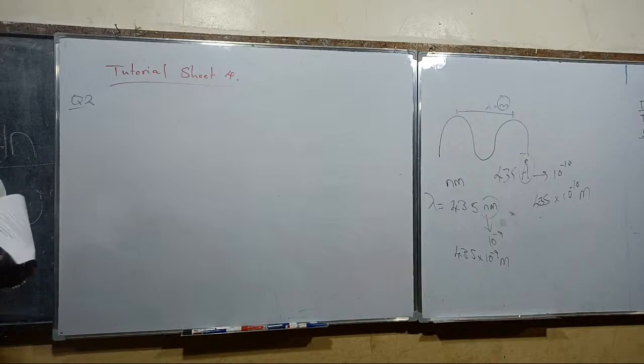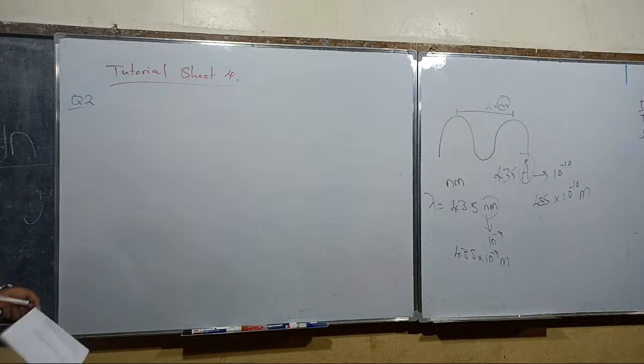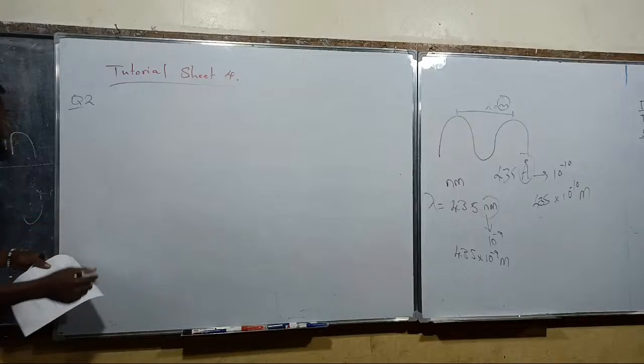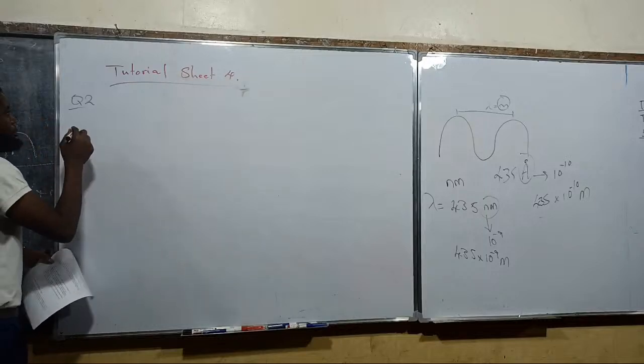The Bohr model only holds true when you are dealing with the hydrogen atom. Why? Because hydrogen is the only element of the periodic table that has one electron. Okay, so let's check out question number B.